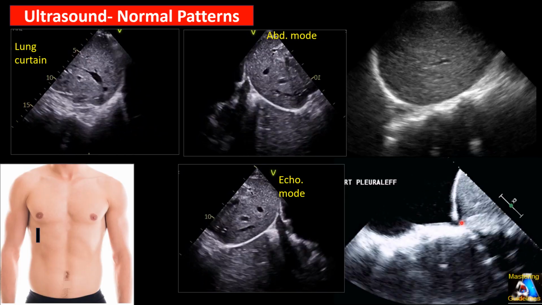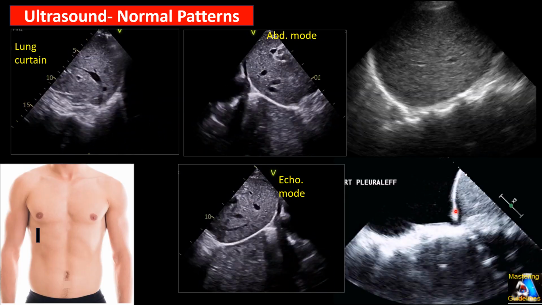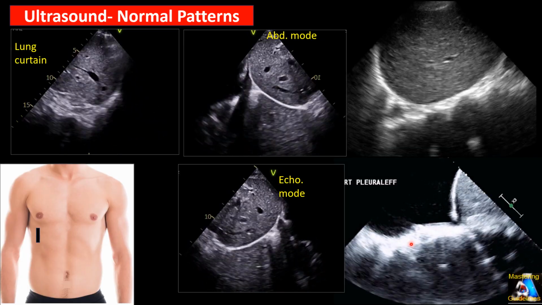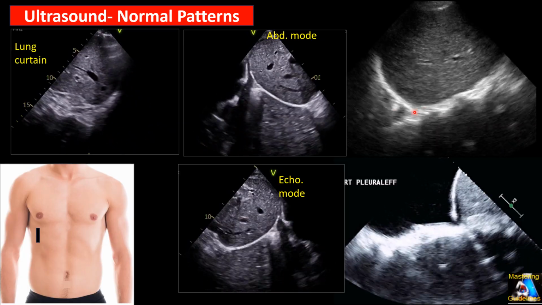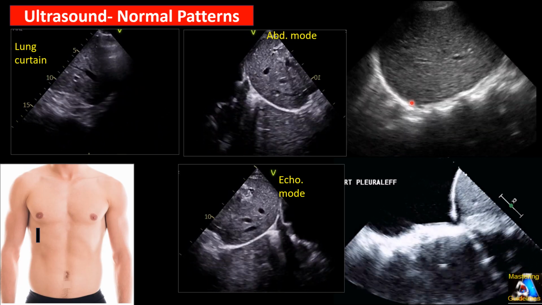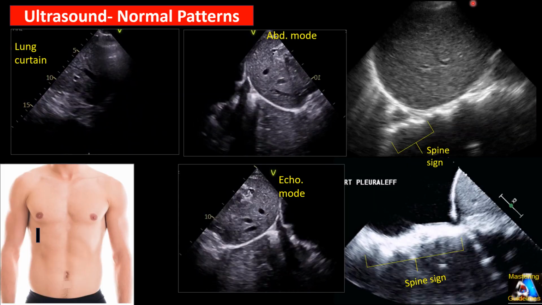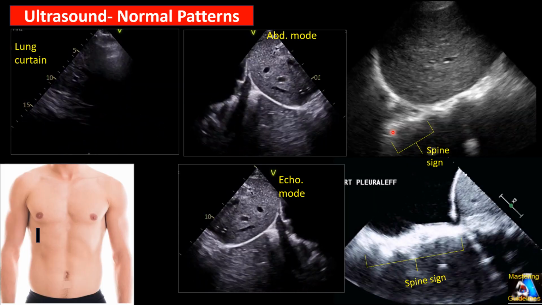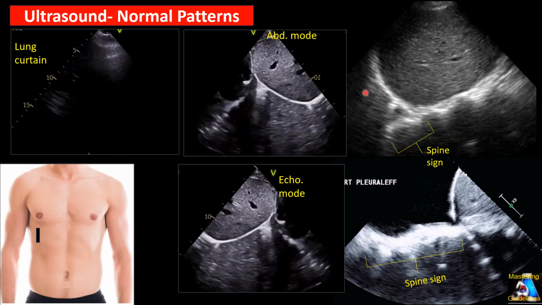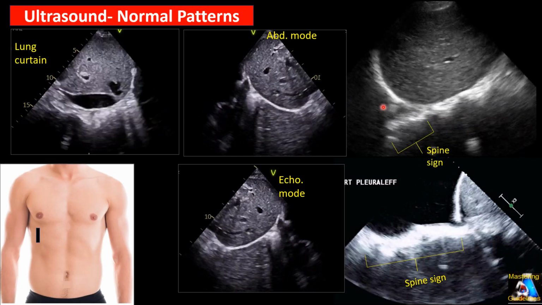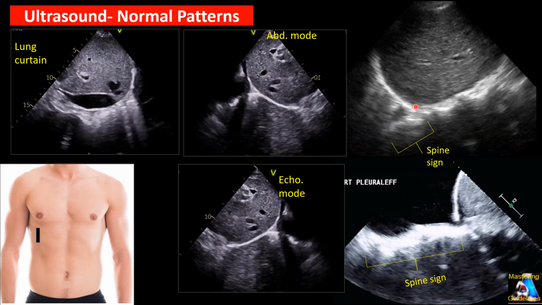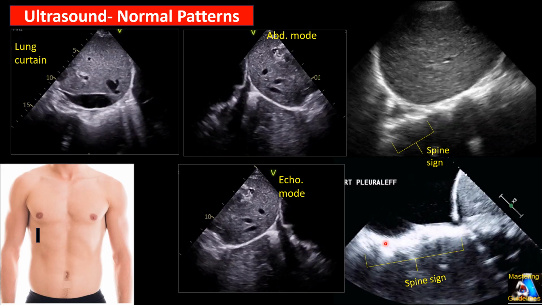Here we can see we have the diaphragm. Here we have vertebra, and above that we can still see vertebra. This feature, where we can see vertebra above the diaphragm, we call the spine sign, and it represents some pathological process here. It can be fluid like this, or some consolidation, or mass, or tumor, or anything that lets sound pass through that region and create those images.